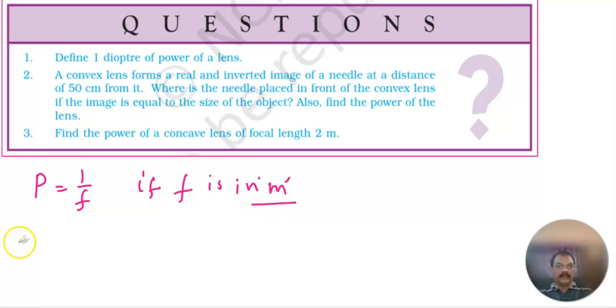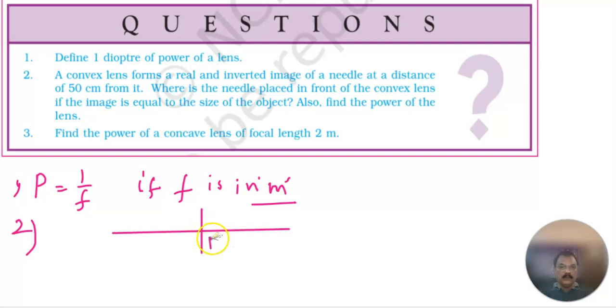So next is question number 2. Question number 2 is here: a convex lens forms a real and inverted image. So let us take a convex lens, just a rough diagram. In this rough diagram, let's take the lens over here. This is a convex lens.